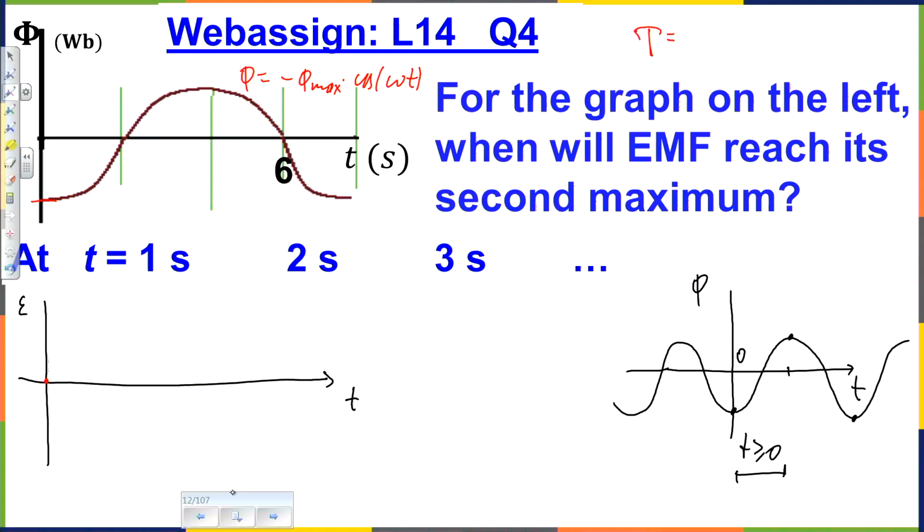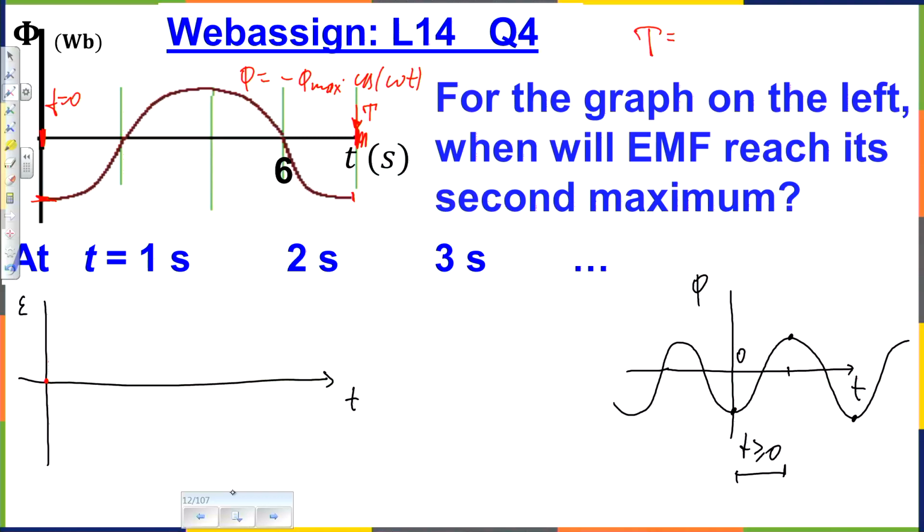Can you tell me the period for this graph, from here to here, what time passes? From 0 to this. That's a period. That's t equals 8.